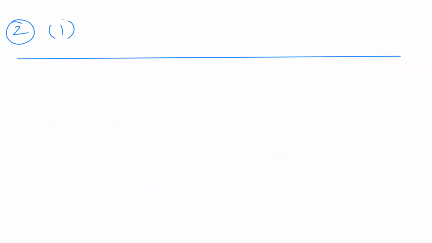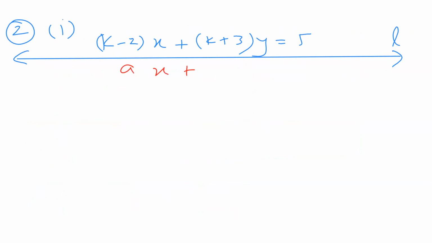This line is, let's say, line L. The equation of this line is k minus 2 into x plus k plus 3 into y minus 5 equal to 0. I've written it as equal to 5.